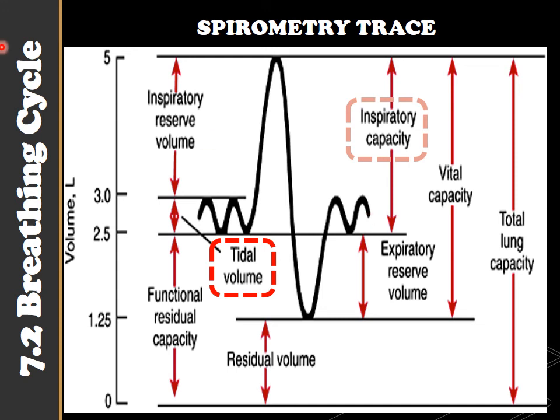So inspiratory capacity, if we want to measure, is 5 liters minus 2.5 liters. That will be 2.5 liters. So that means originally you can inhale 0.5 liter. But if you really want to force yourself to inhale, you can inhale an extra 2 liters. That extra is the inspiratory reserve volume.